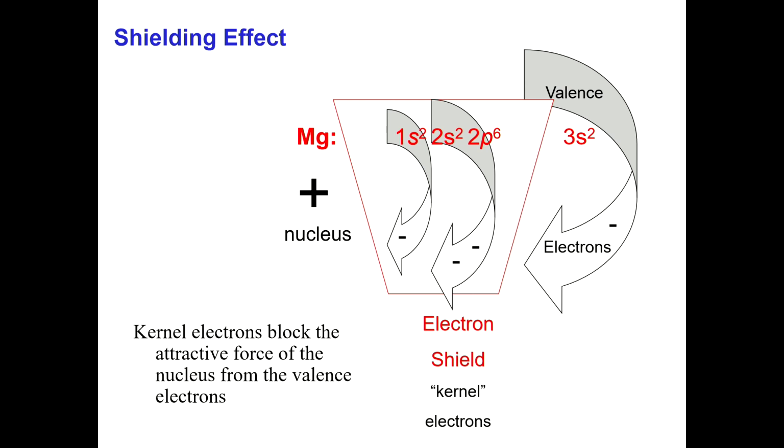Now we know between the nucleus and the electrons, they attract each other, because they have opposite charges. But between the inner electrons and the valence electrons, they will repel each other. So inner electrons are just attracted by the nucleus.